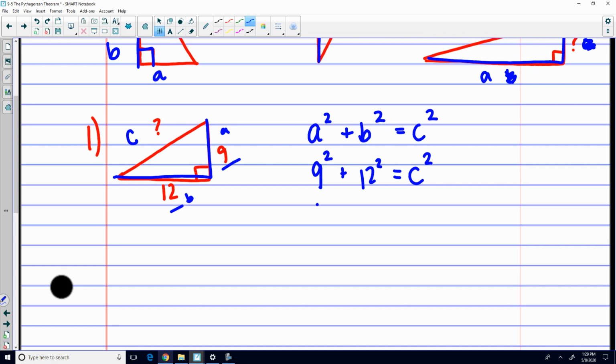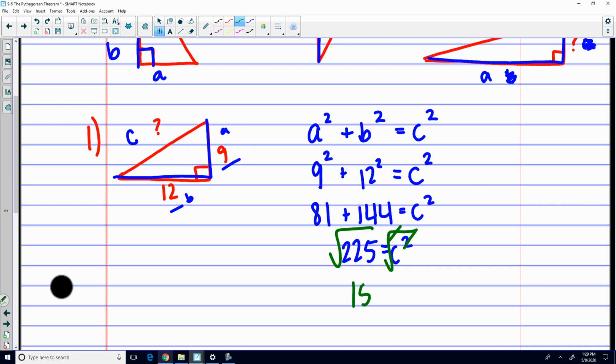So let's fill this in. I have 81 plus 144 is C squared. Let's finish solving. So I have 81 plus 144 is 225 is C squared. Now I'm going to take the square root to cancel it. And 225 is a perfect square. Hopefully you're starting to learn those.